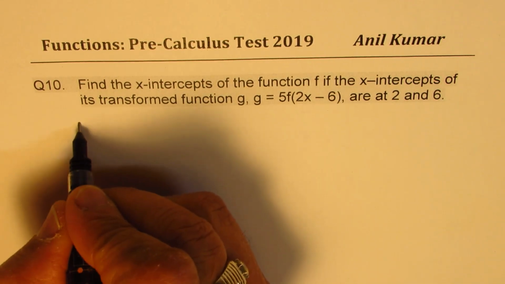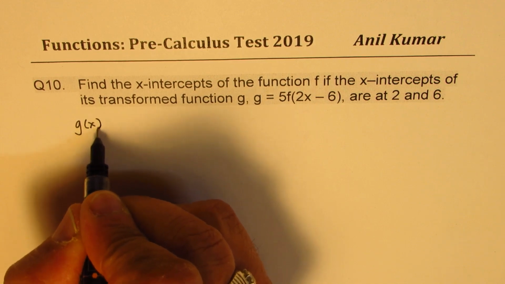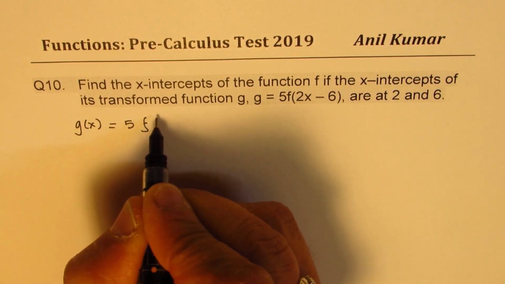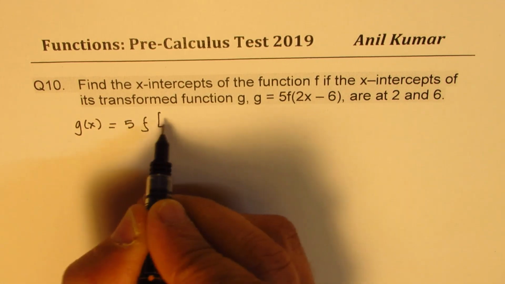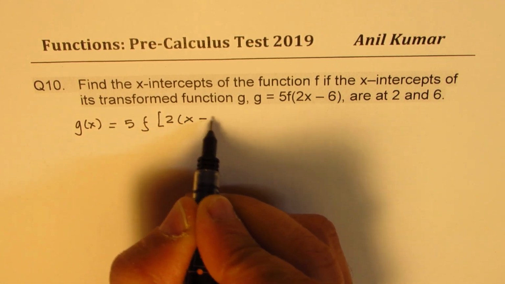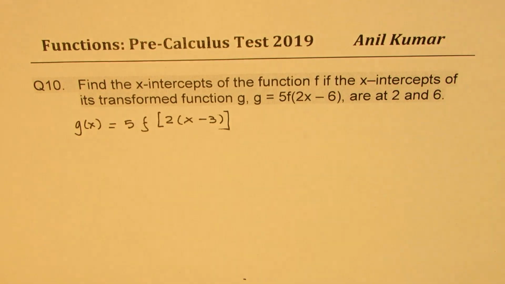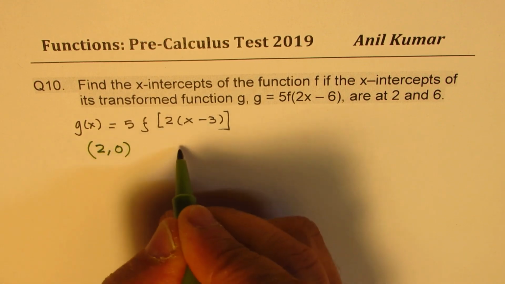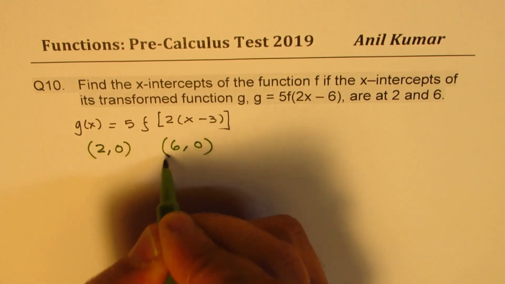So what we are given here is a function which has been transformed, and the transform function is 5 of f. So we'll take 2 common, x minus 3. Correct? So here we have x-intercepts at 2, 0 and at 6, 0.